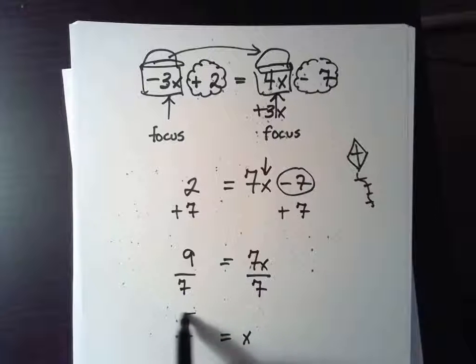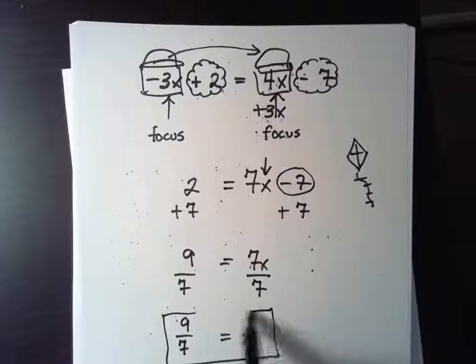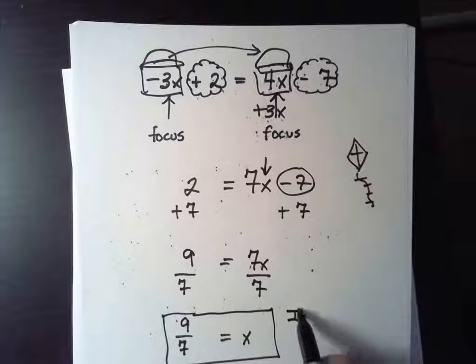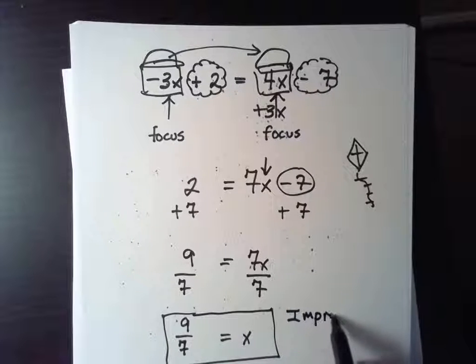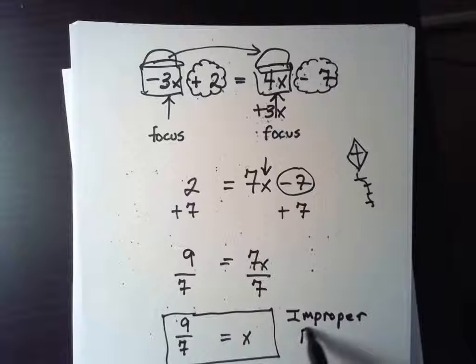Now another little trick, another little thing you need to know here. Well, that's an improper fraction, Hubert. Well, that's fine. Improper fraction's fine, unless the directions tell you to change it. Most of the time they're not, because an improper fraction is fine.